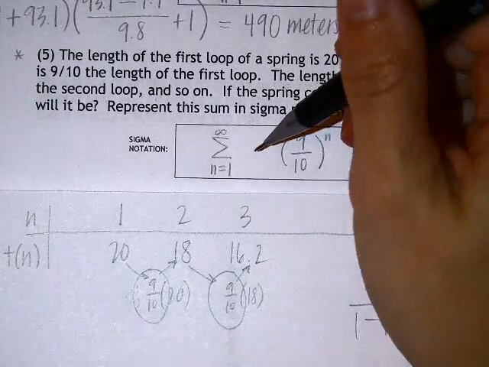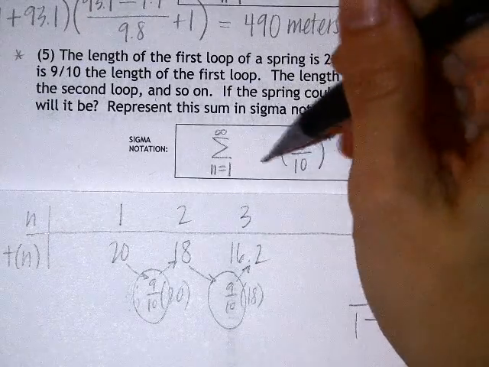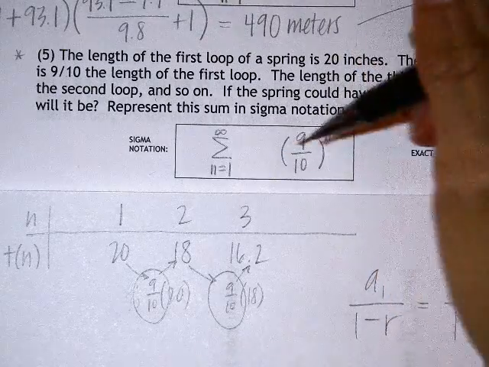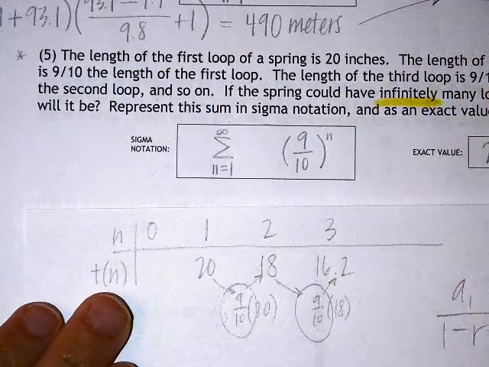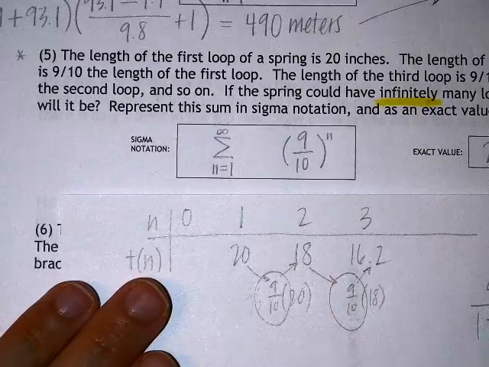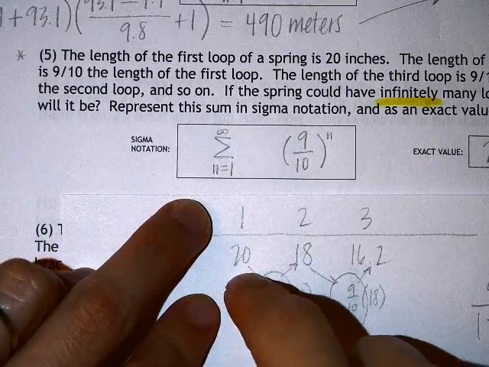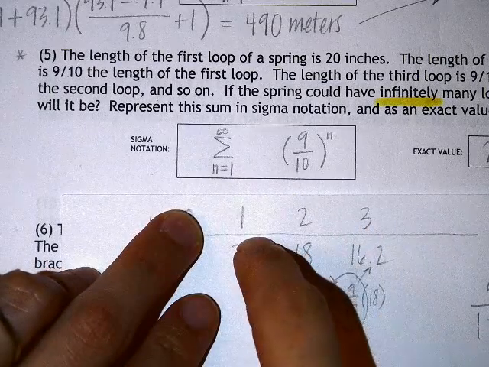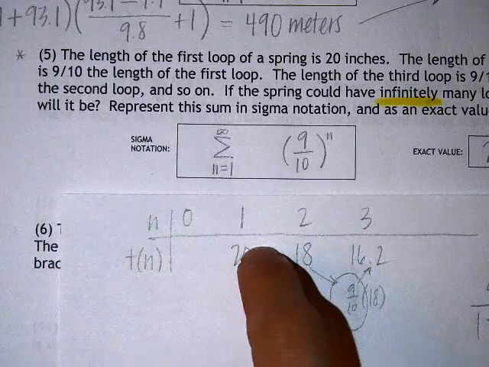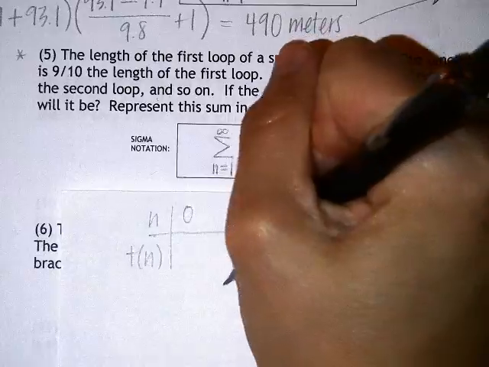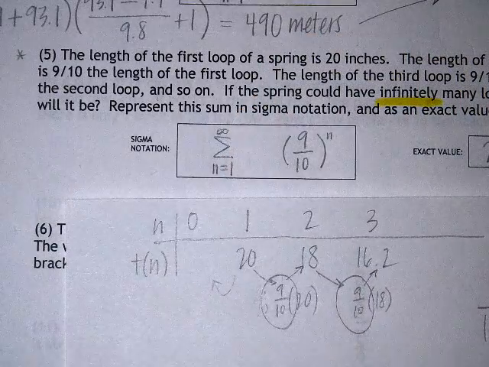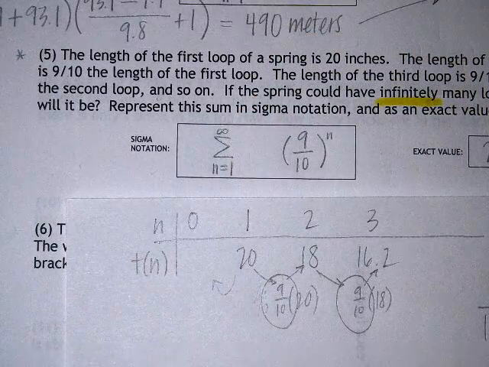But then I need an initial value. And remember, when we're writing these expressions, the initial value is always the 0 term, which is not a term that I knew. When I was setting up my table, the first value they gave me was the first term. That implies that I have to go backwards to figure out what the initial value is, because I don't know that value.